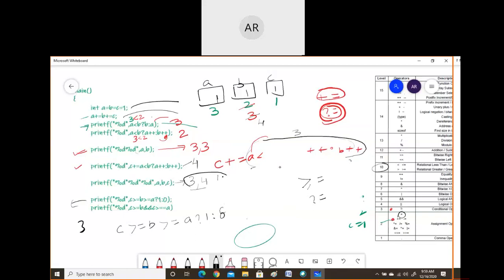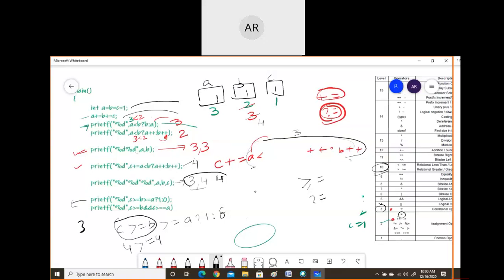Again the same concept: greater than equal to and ternary, which has the highest priority? Greater than equal to has the highest priority, so this will be executed first.